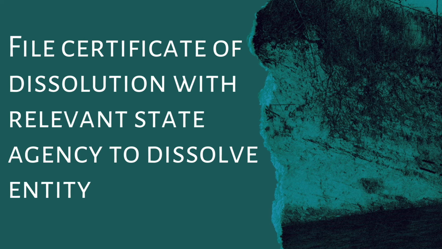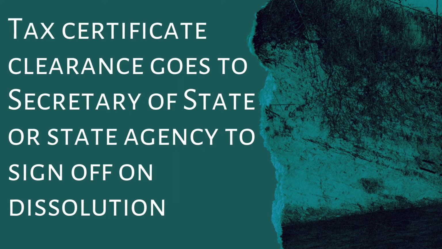Not done yet, because just because you file that document, you have to get what they call tax clearance certificates from state tax agencies to say that you don't owe any state taxes. That tax clearance certificate will have to go to the Secretary of State or similar state agency for them to sign off on dissolving your entity.